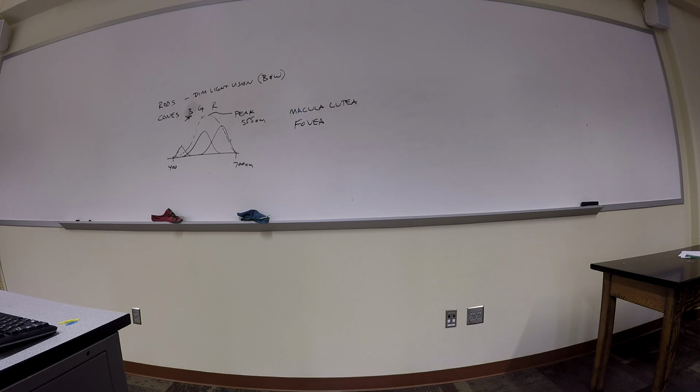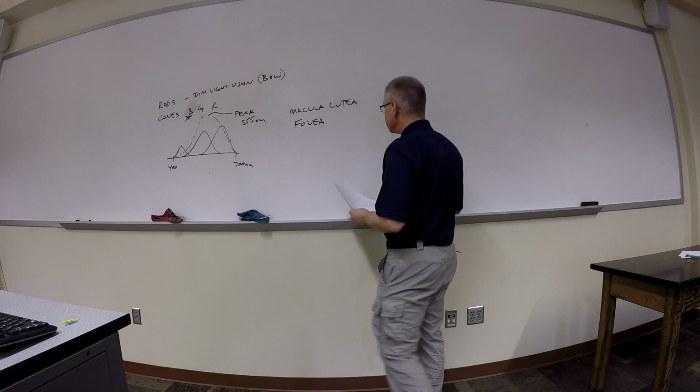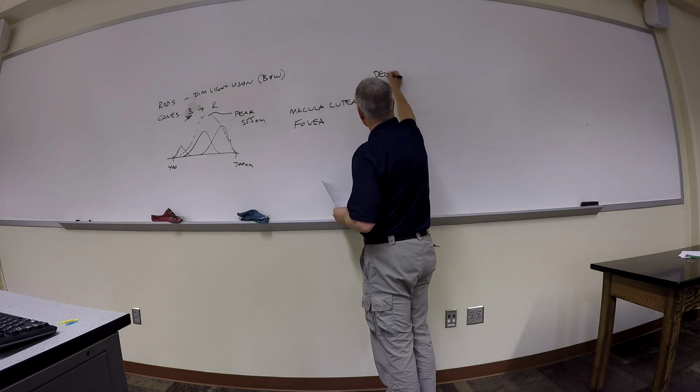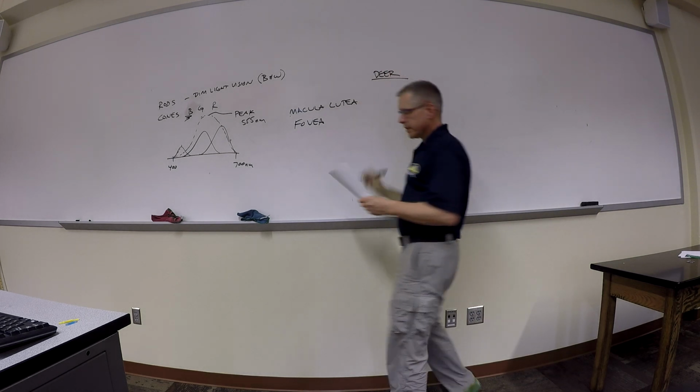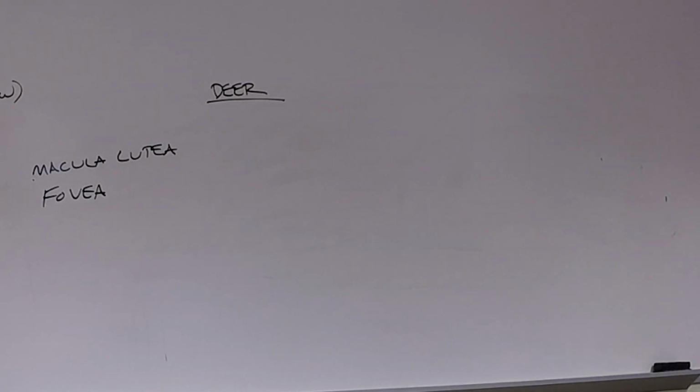So how does this compare to deer? How are their eyes different? First of all, if anything I've asked all semester, you guys know this. One of those darn things running around at night.